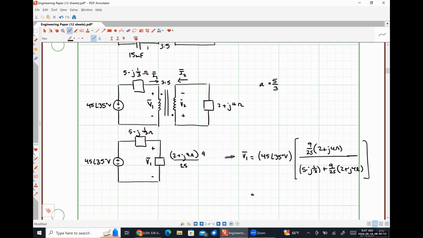So 45 angle 35 multiplied by 9/25 times 2 plus 4i over 5 minus 1/3 i plus 9/25 times 2 plus 4i.